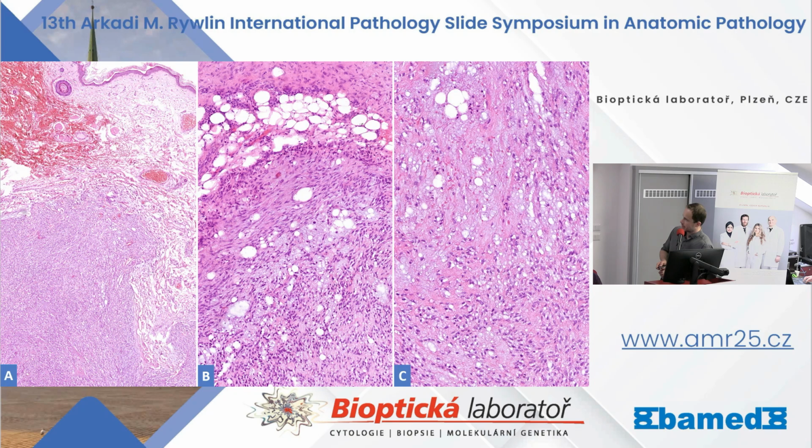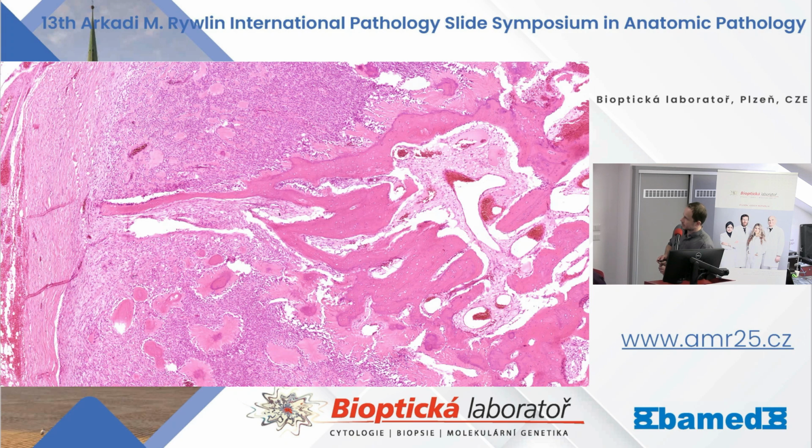And when we go on higher power, you can see quite monotonous proliferation of ovoid to spindle cells, and whenever we see, basically anywhere in pathology, monotonous proliferation, you can expect that there might be, and very often there is, a single genetic event that causes this tumor, that the molecular background will not be complex as we see in many carcinomas or polymorphic sarcomas and so on.